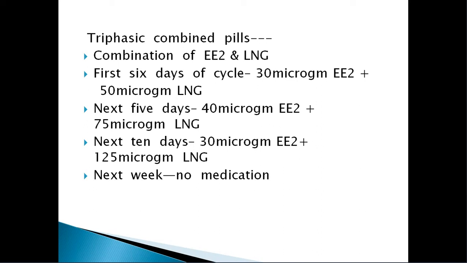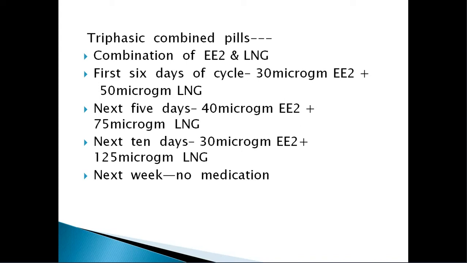In the first 6 days of the cycle, 30 micrograms of ethinyl estradiol and 50 micrograms of LNG are present. In the next 5 days, the hormone content is increasing: 40 micrograms of ethinyl estradiol and 75 micrograms of LNG. And the next 10 days, 30 micrograms of ethinyl estradiol and 125 micrograms of LNG.